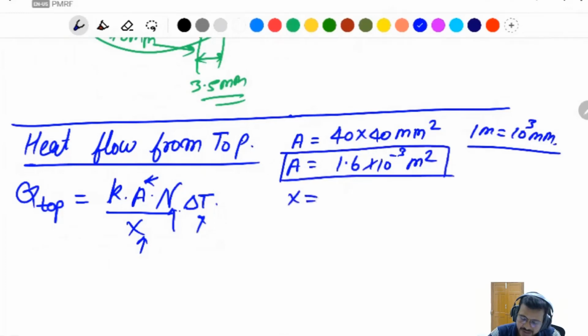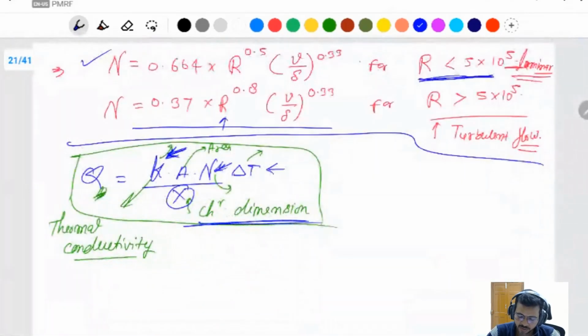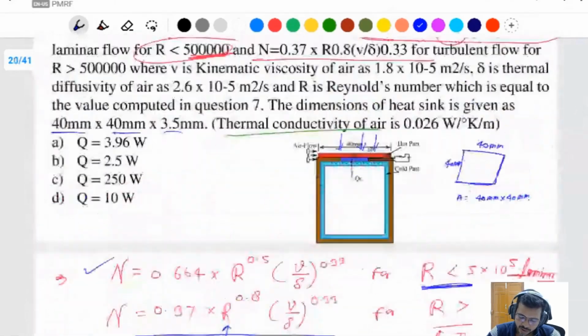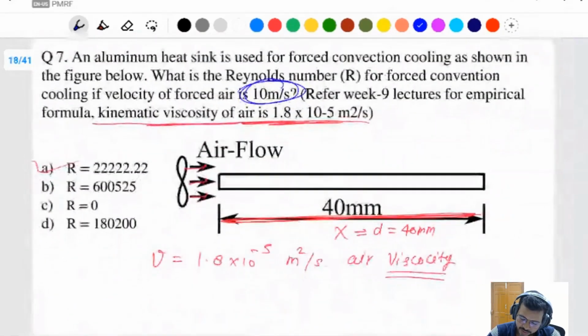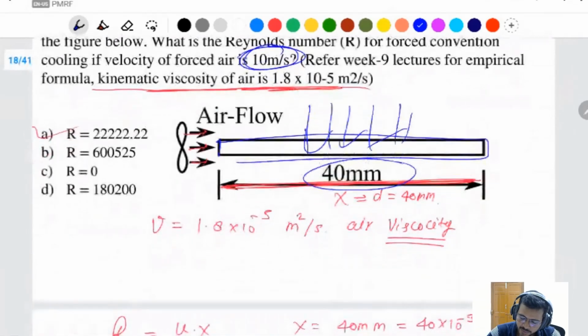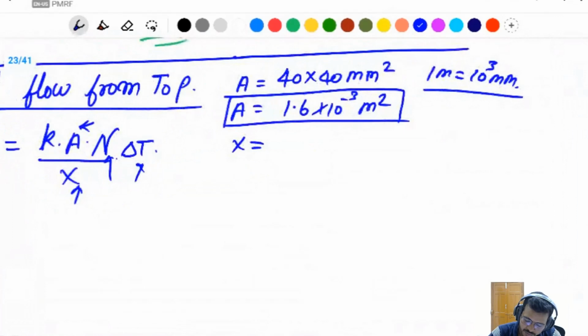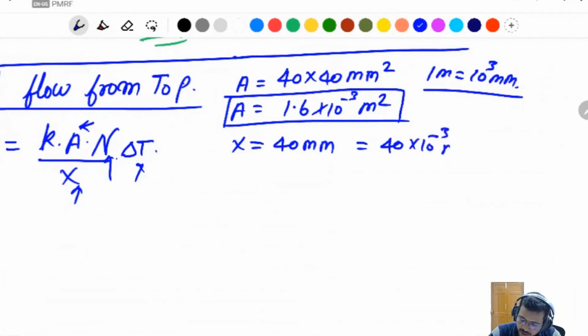What is x? X is also the same, because at the top it looks like this. This is the top and this is 40 mm also. X is the same as 40 mm, which is 40 into 10 to the power minus 3 meter.